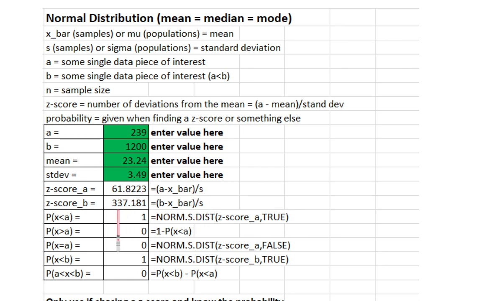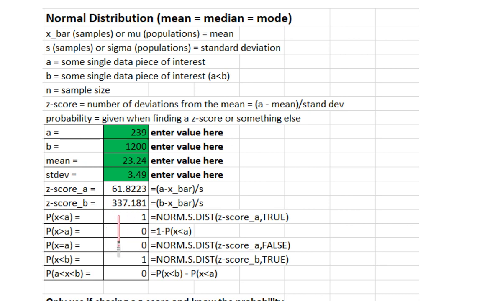I did the same thing here. I want to know the probability of X being less than 1. So if I'm doing a standard normal distribution, I would do the norm.s.dist. I'd use the z-score and I can hit true. What the z-score does is it brings down these numbers and puts them in a standard normal distribution.